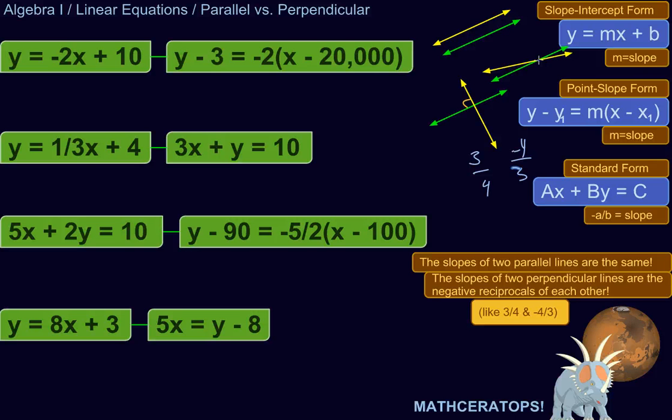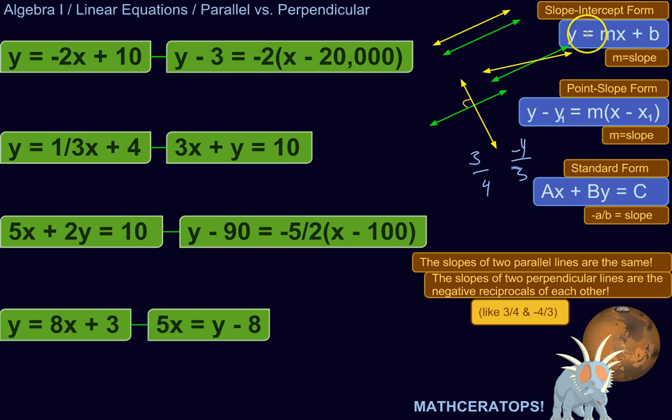You can do that easily if the equation is in slope-intercept form, point-slope form, or standard form. Otherwise, you can rearrange the equation so that it is in one of these forms and identify the slope.